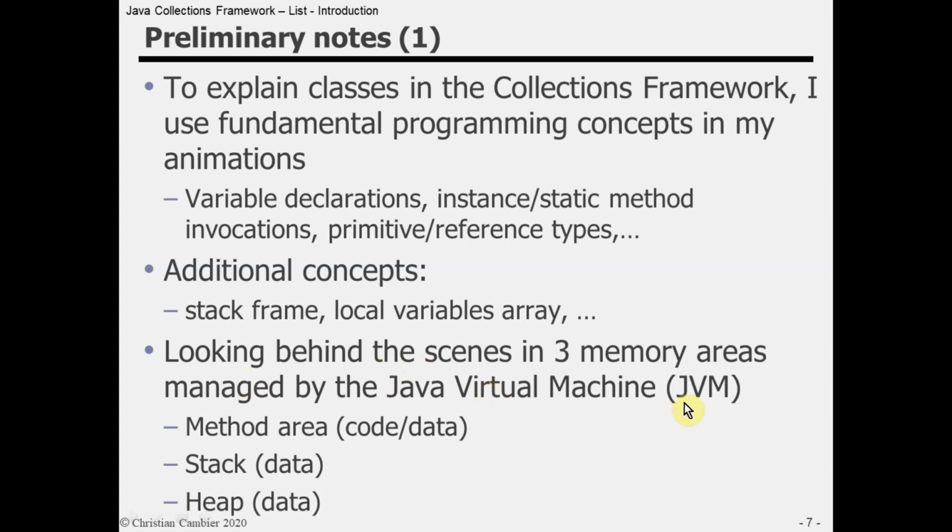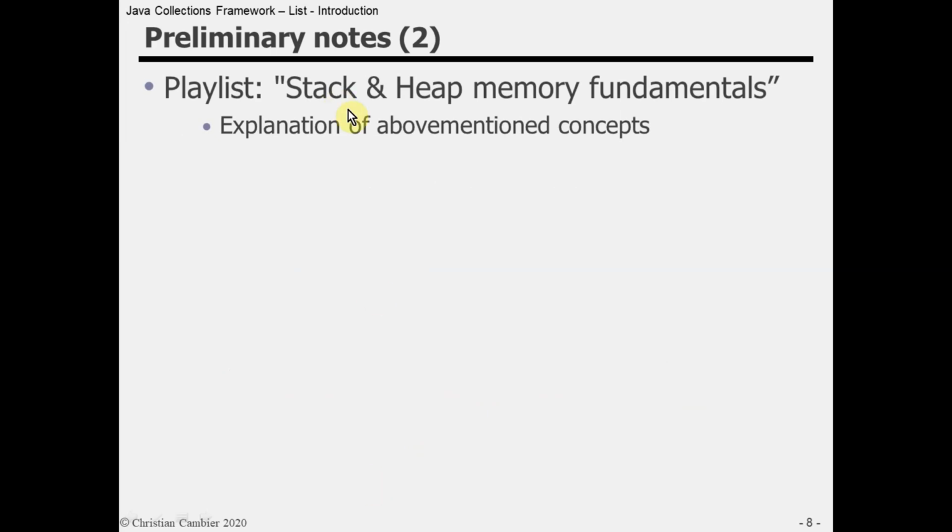Basically by demonstrating the interaction that the execution of a Java statement in the method area has on data in memory, mainly data that is located on the stack and the heap. If you're not familiar with my animations in which I explain all these concepts, I advise you to first watch the necessary videos in my playlist called Stack and Heap Memory Fundamentals. Do that before starting here, because I don't start from scratch in this playlist.